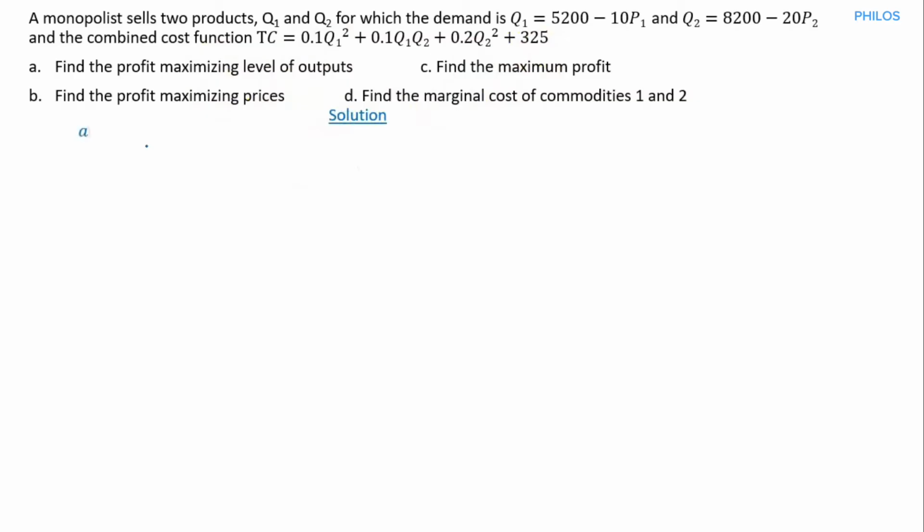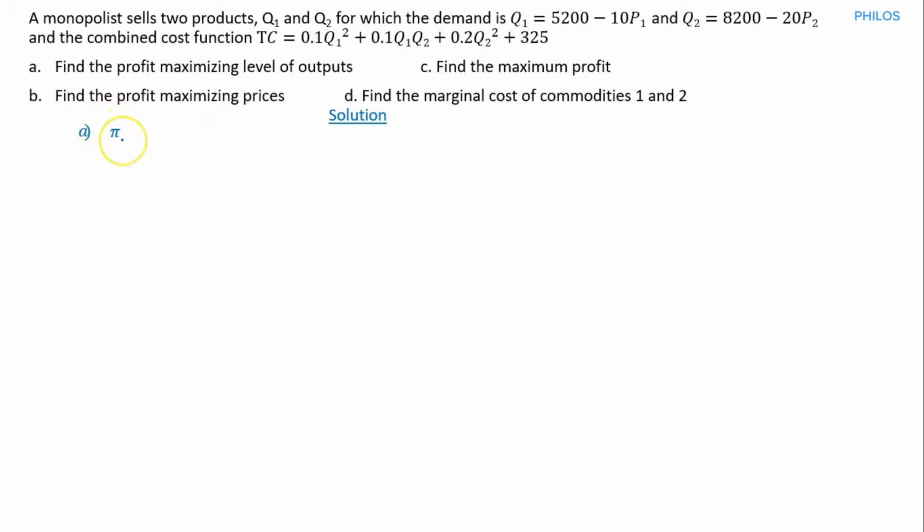A says we should find the profit maximizing level of outputs. To find the profit maximizing level of output, the first thing we need to do is to find the profit function, since profit function wasn't given in the question. Now, to get a profit function, let's use this symbol to represent profit.